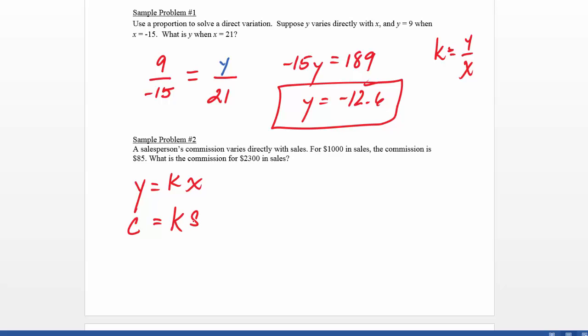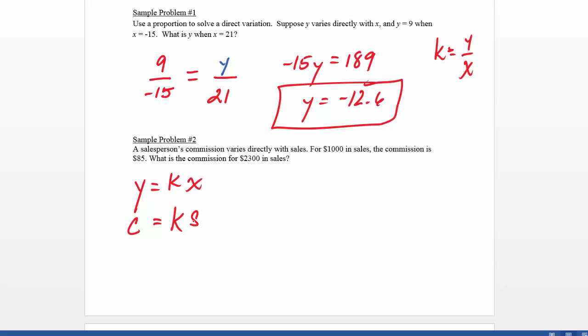So let's take a look. It says for $1,000 in sales, the commission is $85. Well, what we can do here is either set it up in proportion format, or if you like, you can actually find the scale factor value for k. So you can either do it like sample problem number 1, and if you did, that's perfectly fine.